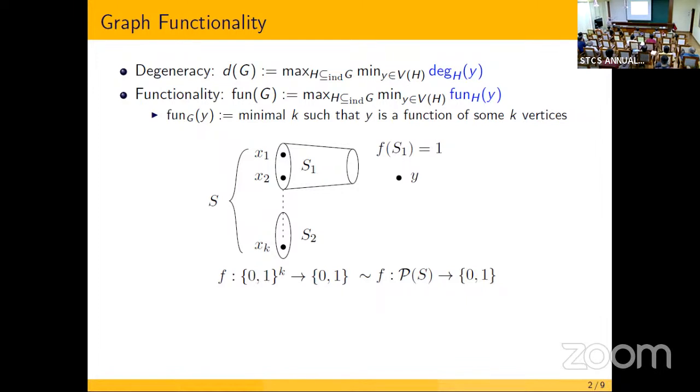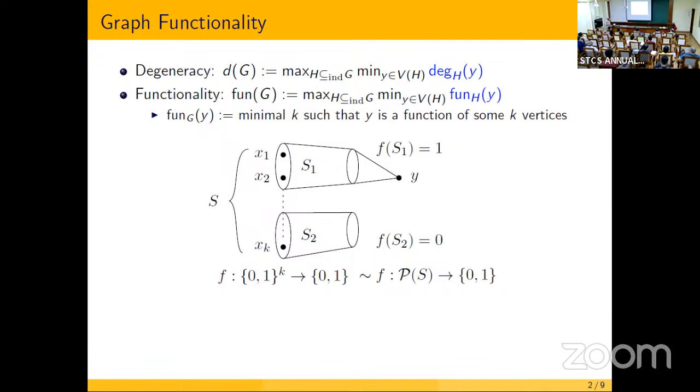If f of S1 is 1, all vertices in this potato are connected to y. If we take the neighbors of S2, and f is 0 on S2, then no vertex from that potato is connected to y. So the remaining vertices are grouped into buckets according to their neighborhoods in S, and each bucket is completely connected to y, or none of the vertices in the bucket is connected.